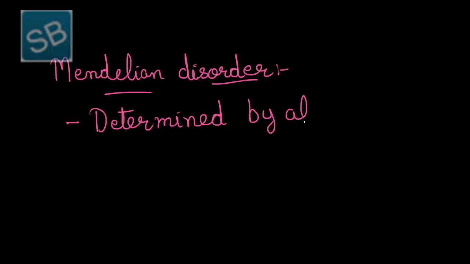Now we shall start with the first type of genetic disorder, that is Mendelian disorders. What exactly are Mendelian disorders? These disorders are determined by the alteration or mutation in a single gene.